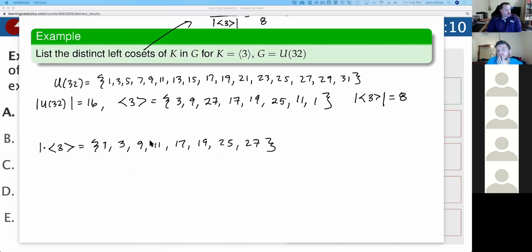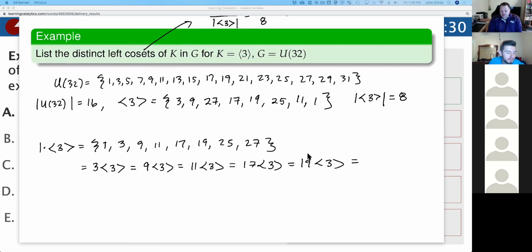But if you look, all of these others are also representatives. So this is the same thing as me writing 3 on the left, or the coset with representative 9, the coset with representative 11, the coset with representative 17, 19. All of these give the same answer.